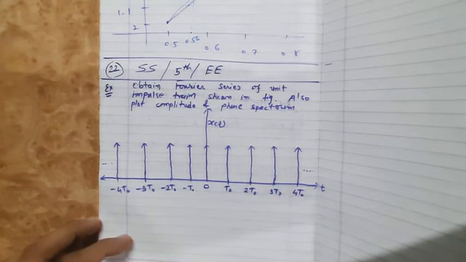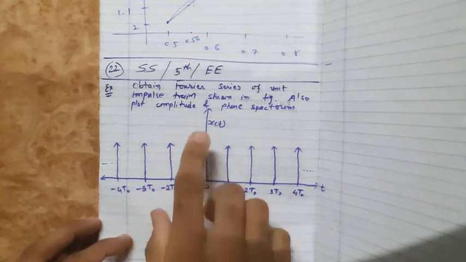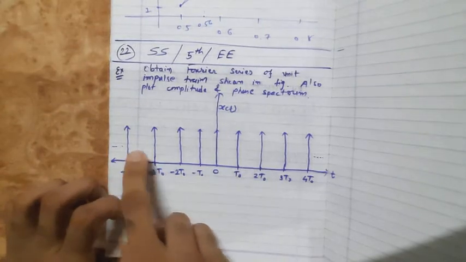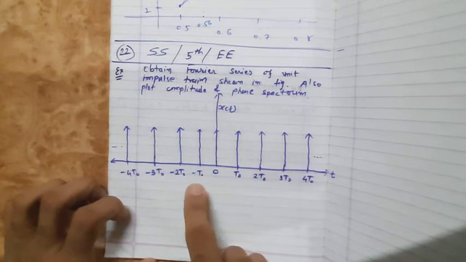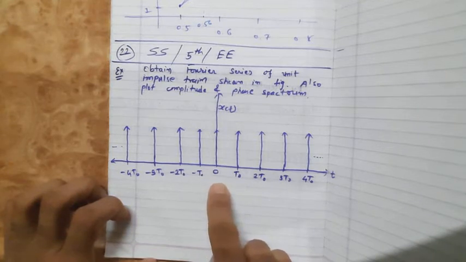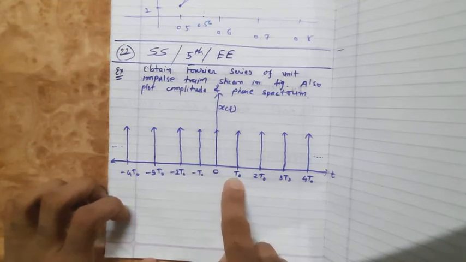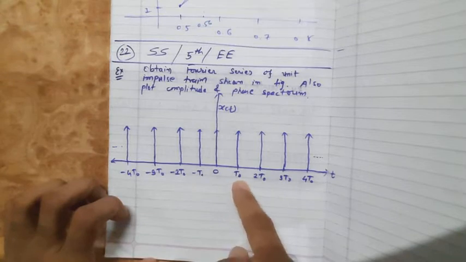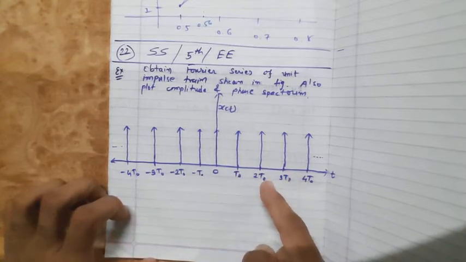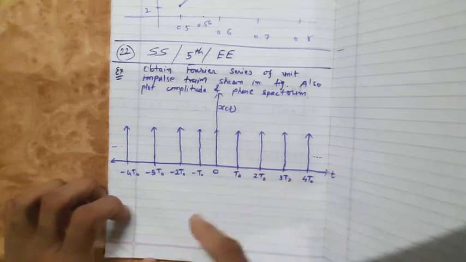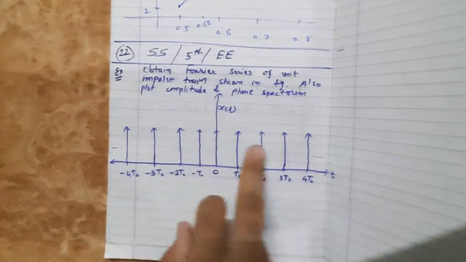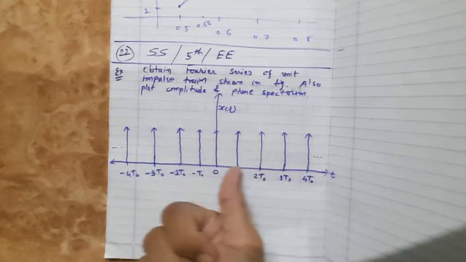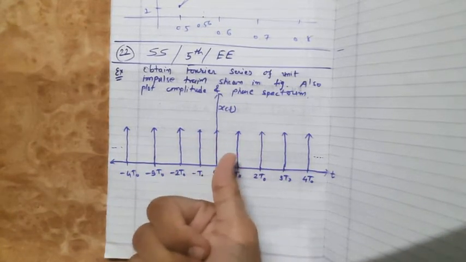Here you are given a graph of the impulse train. The impulses are placed at the fundamental time period capital T0: at T0 you have one impulse, at 2T0 another impulse, and so on. The same is true for negative time also. There is no mention of the amplitude because we know what an impulse signal is.